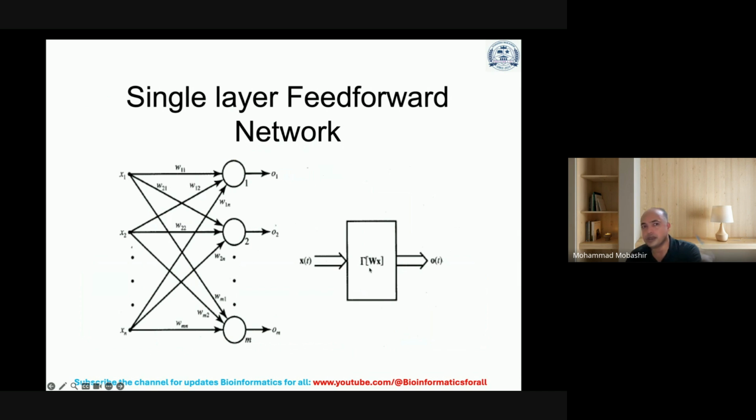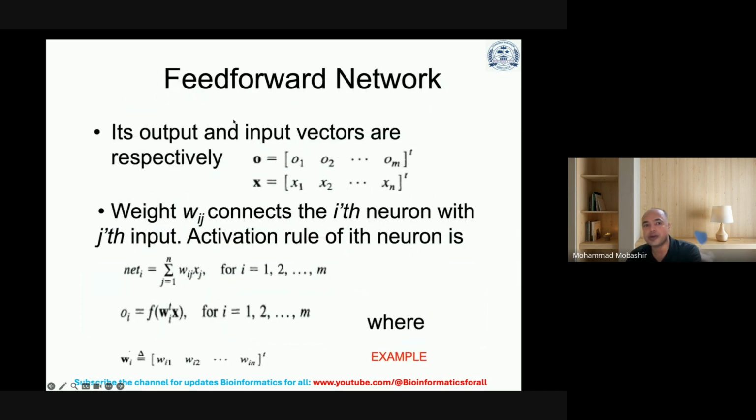Quite simple. Now, in the feed forward network, its output and input vectors are respectively here. Then the weight Wij connects the ith neuron with the jth input, and the activation rule of the ith neuron is something like net i equals this.